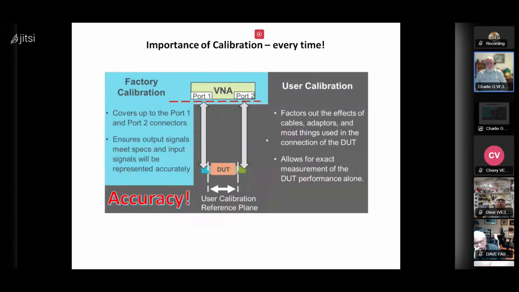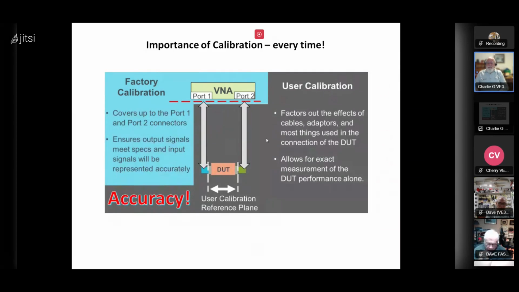Looking at this a different way, there's a factory calibration that covers up to the edge of the ports, and essentially ensures that those signals meet specs. Then the user calibration that we do before we take a measurement takes everything from those physical ports outwards into effect.